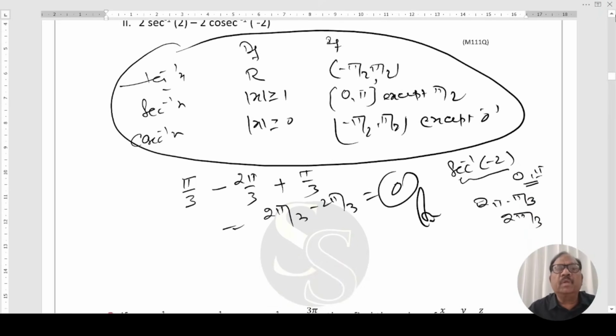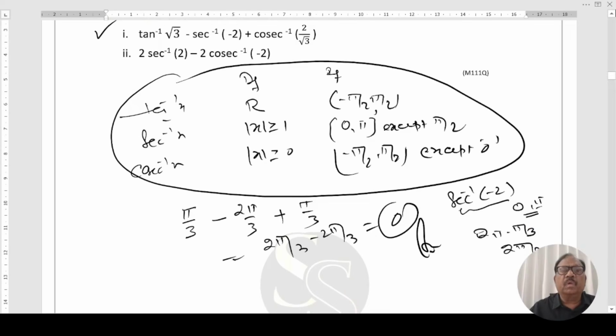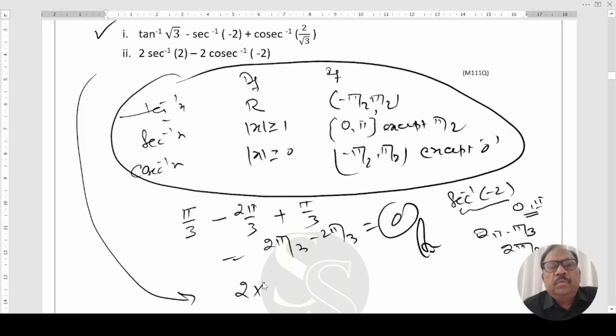Second question is 2 sec inverse 2. 2 into sec inverse 2, that will be equal to 2 into sec inverse 2, 60 degree, pi by 3, minus 2 into this comes out to be pi by 6, minus pi by 6.